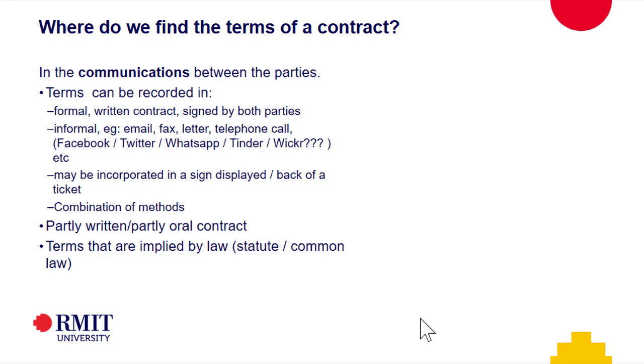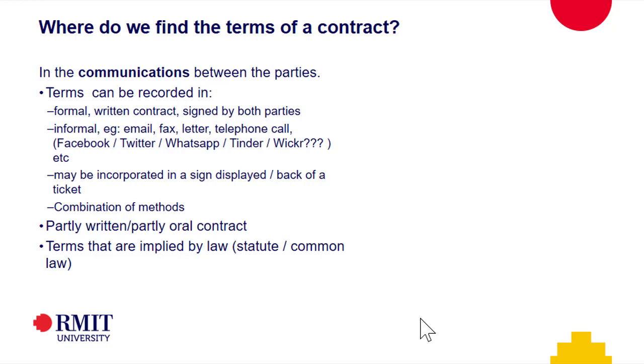There's no particular reason why we couldn't make a contract on Twitter or on Facebook or, as I've suggested there, Tinder or Wickr or Grindr, WhatsApp, Blackboard, for heaven's sake. You could actually make a contract on the discussion boards for this subject. It possibly would be the first interaction that anyone in the first face-to-face class had on the discussion board, but a contract could be formed nonetheless.